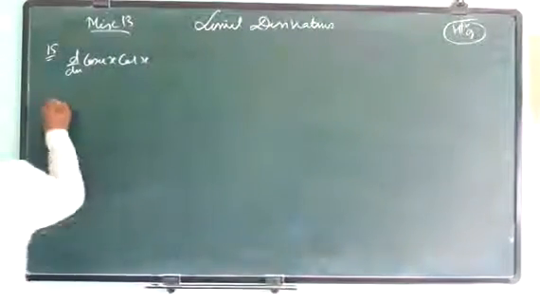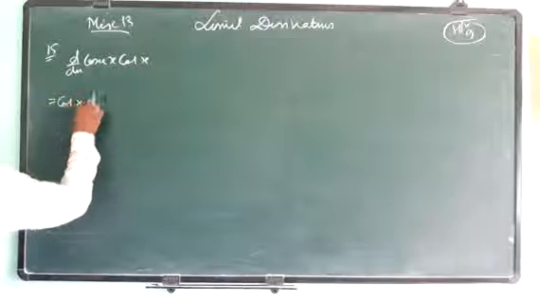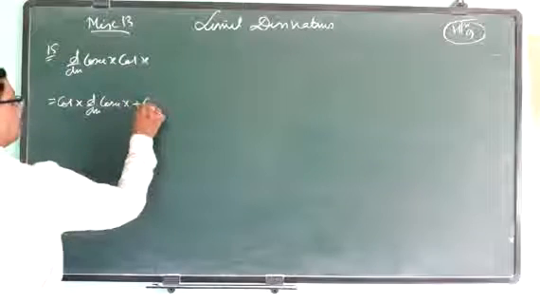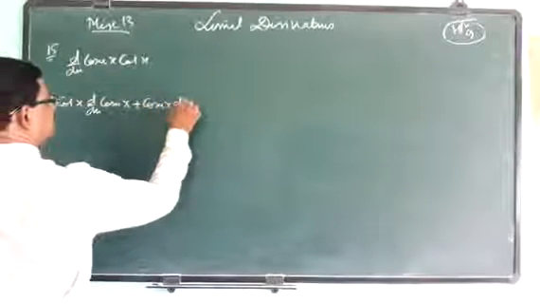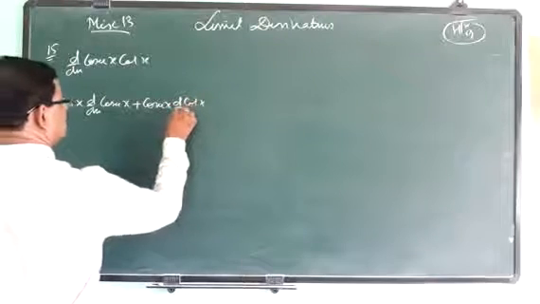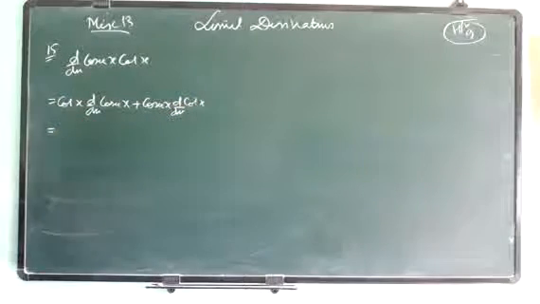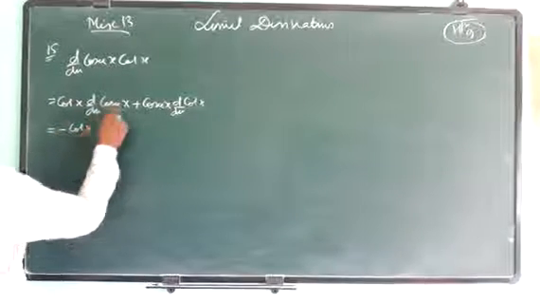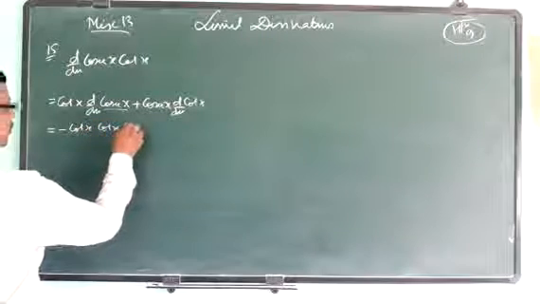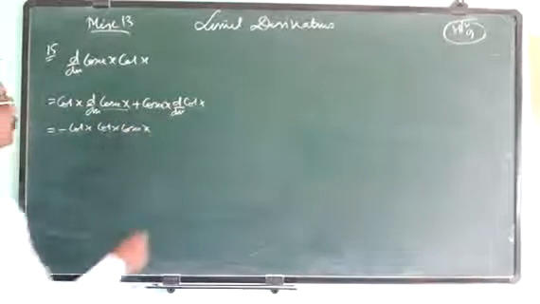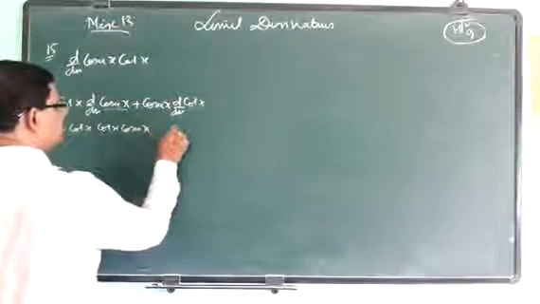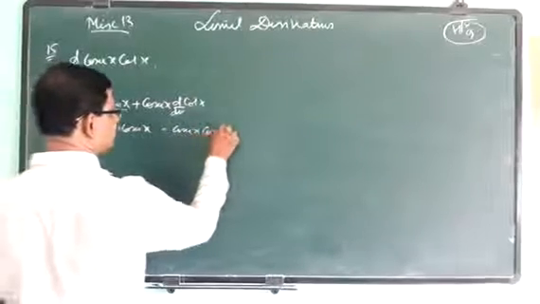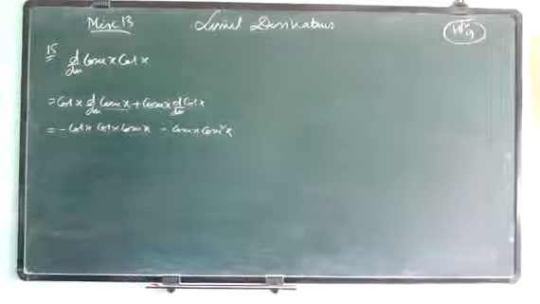Keep cot x outside and differentiate cosec x. Now keep cosec x outside and differentiate cot x. The differentiation of cosec x is minus cot x cosec x, and the differentiation of cot x is minus cosec square x. So we get many cosec square x terms.